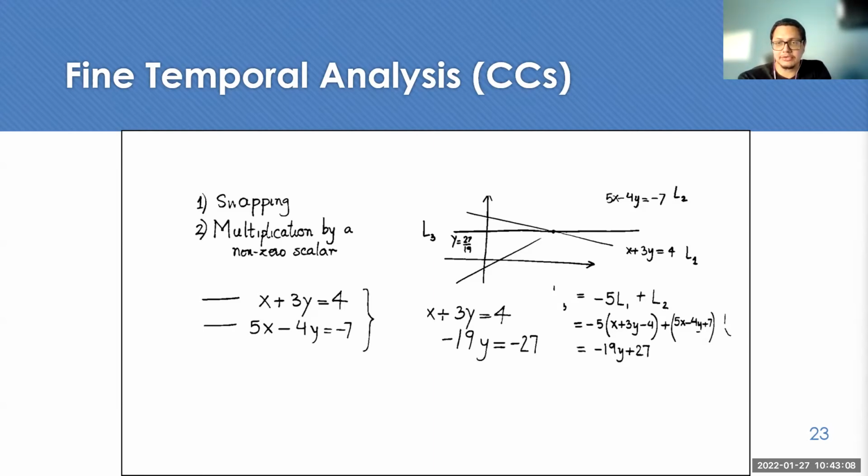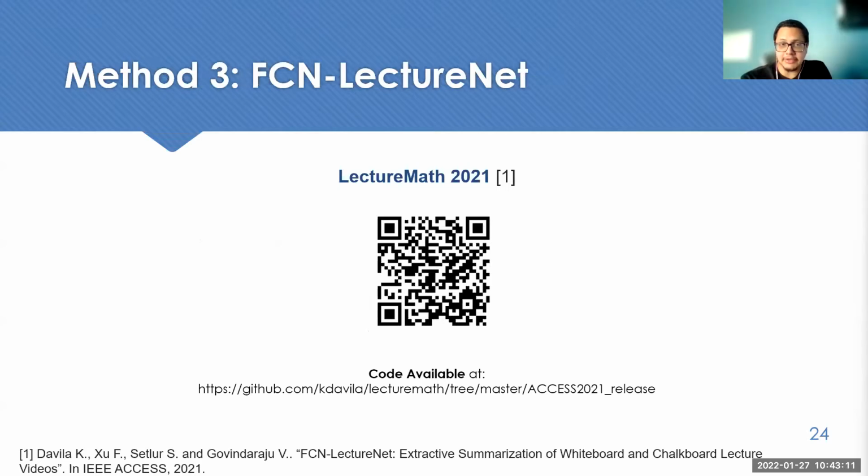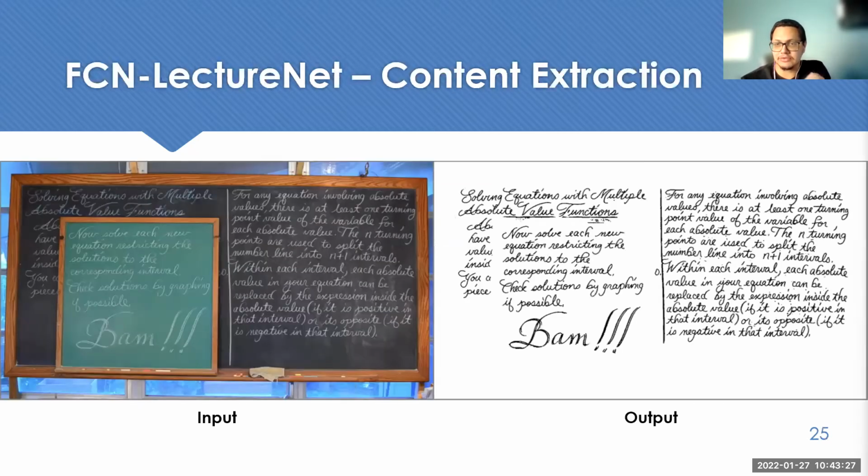So the next approach is still using deep learning, but a fully convolutional network that takes the image as input and the output is an image, so it does the classification at the pixel level. We proposed the FCN-LectureNet last year, which can do the extraction using just one network.